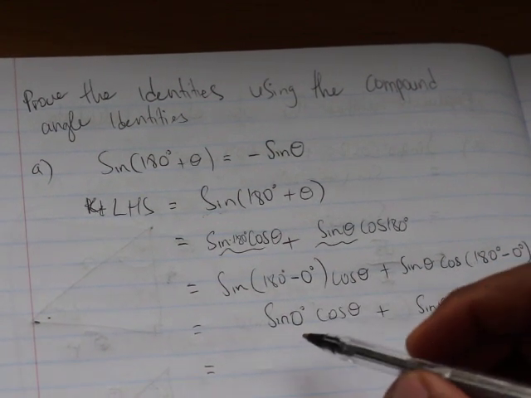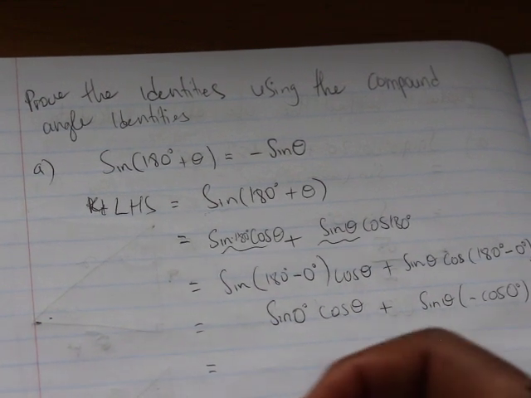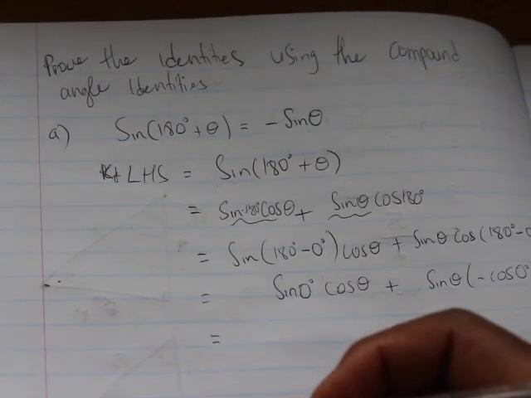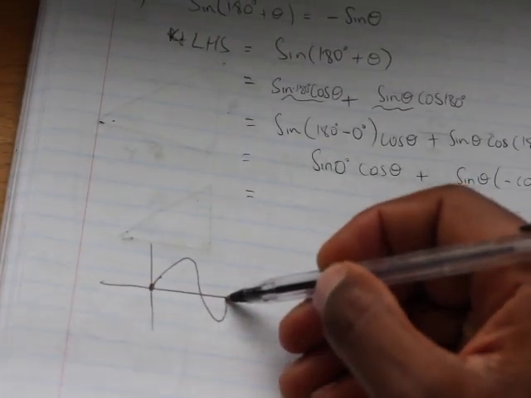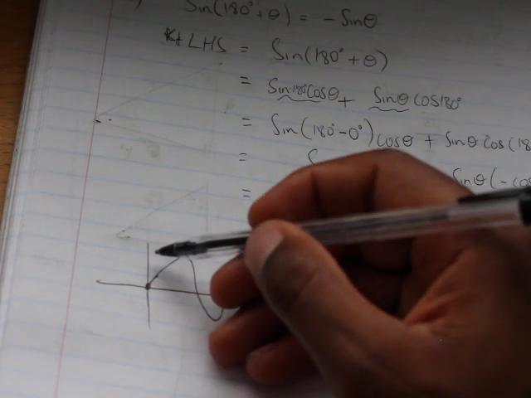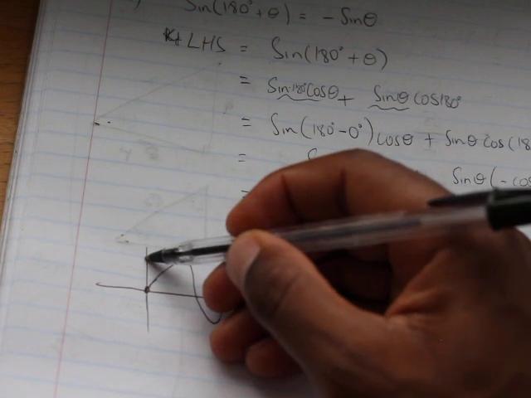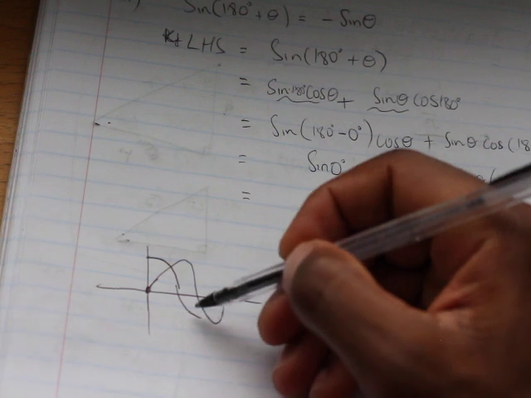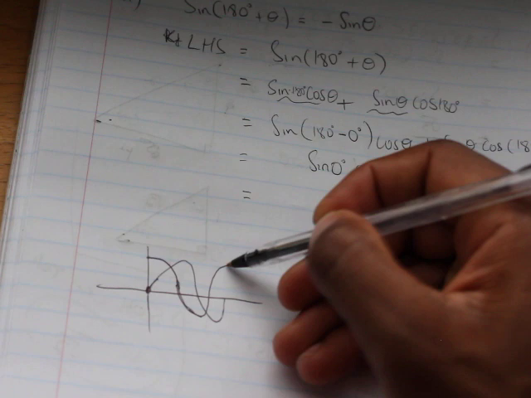At 0 degrees, you guys remember the graphs of sine and cosine? 0 degrees is right there, and remember, this is sine, and then that's your cosine.